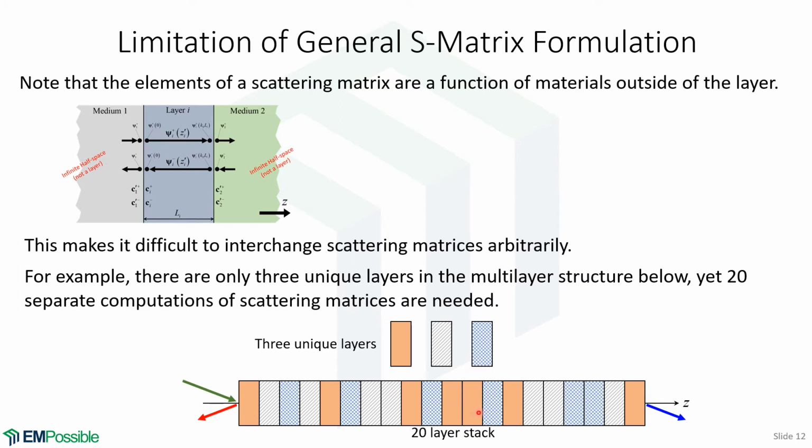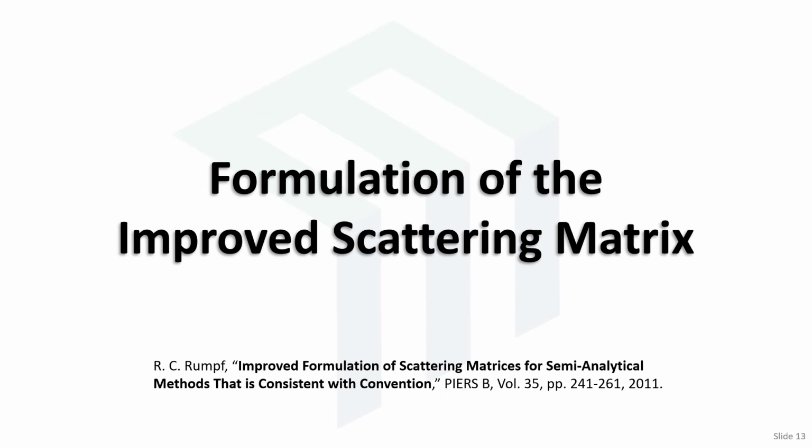This would be an entirely different scattering matrix. So we can't just calculate 3 scattering matrices and reuse them. We're forced to calculate 20 separate scattering matrices. And this is a fundamental limitation of this. There's a clever fix for this. So let's talk about that, the formulation of an improved scattering matrix.